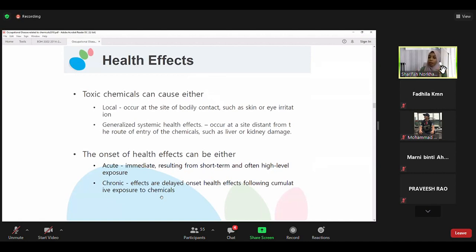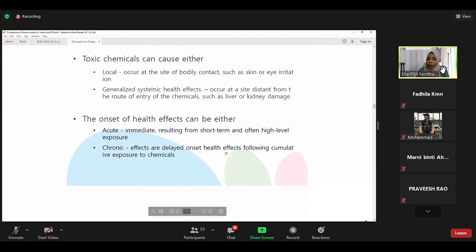So that is the acute ataupun the immediate actions, immediate response. Chronic means for a long time of exposure. From the long time, it will create a disease, like for example cancer or any other certain disease that takes a lot of the times of exposure to. So jadi these are the two health effects that can be exposed to us, which is from acute and also chronic. Okay.